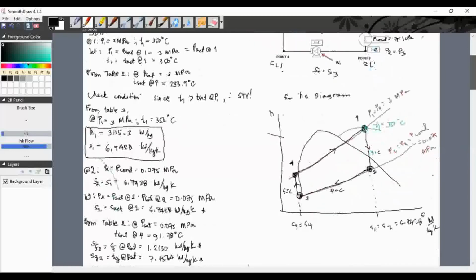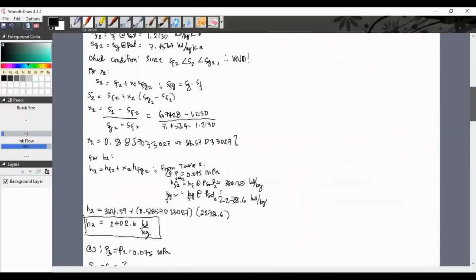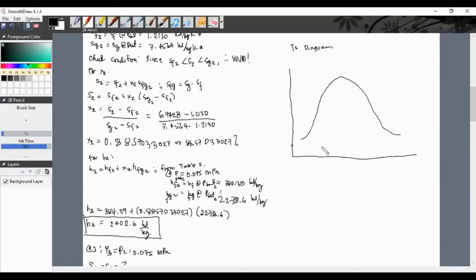For TS diagram naman, so ating TS diagram, okay. So, ito yung ating saturation curve. Ayan. So, meron tayong pressure line.